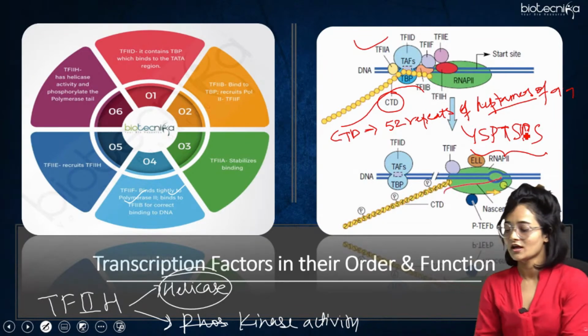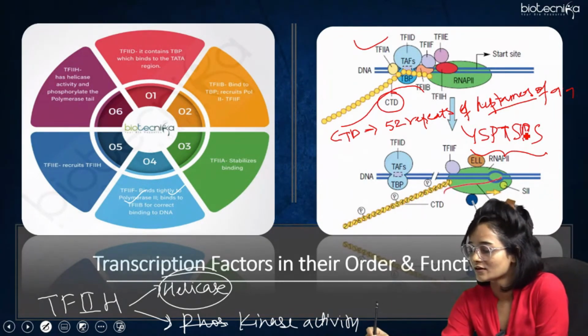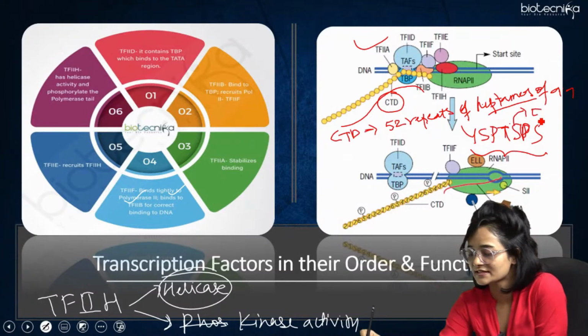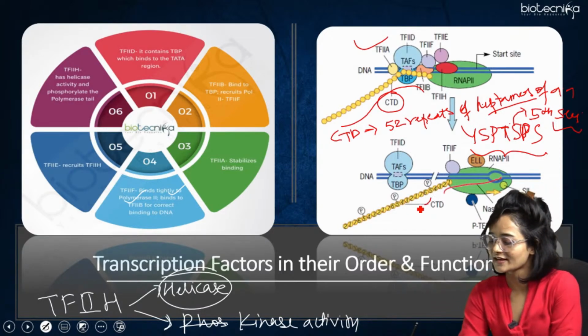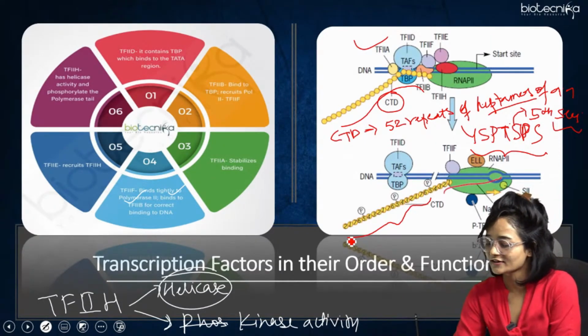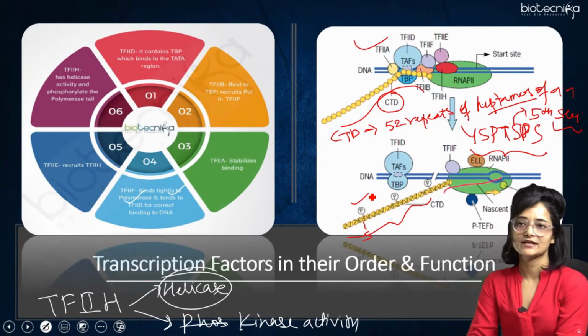Now at the 5th position, the 5th serine, the phosphorylation takes place. In the second figure, you can see there is a tail, and at the 5th serine position, the phosphorylation majorly takes place.